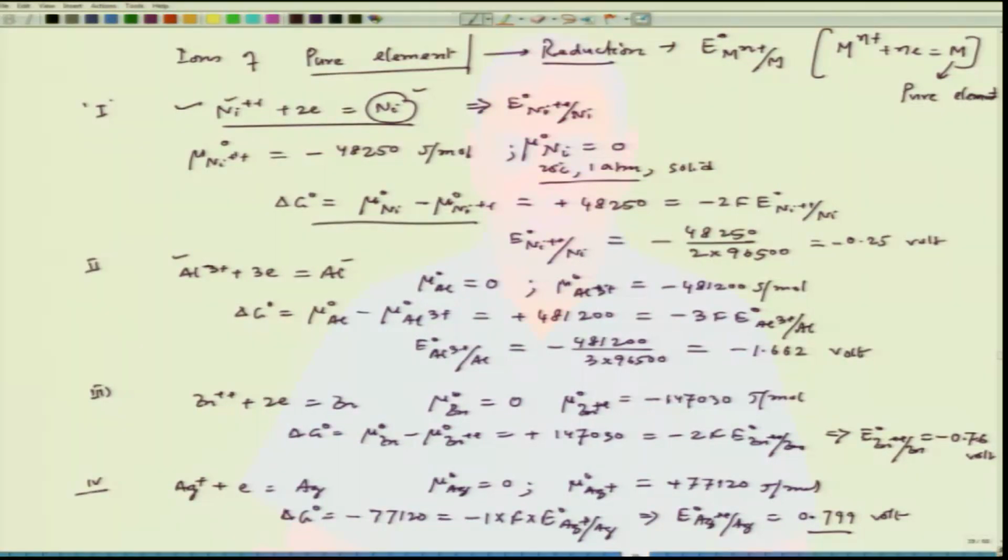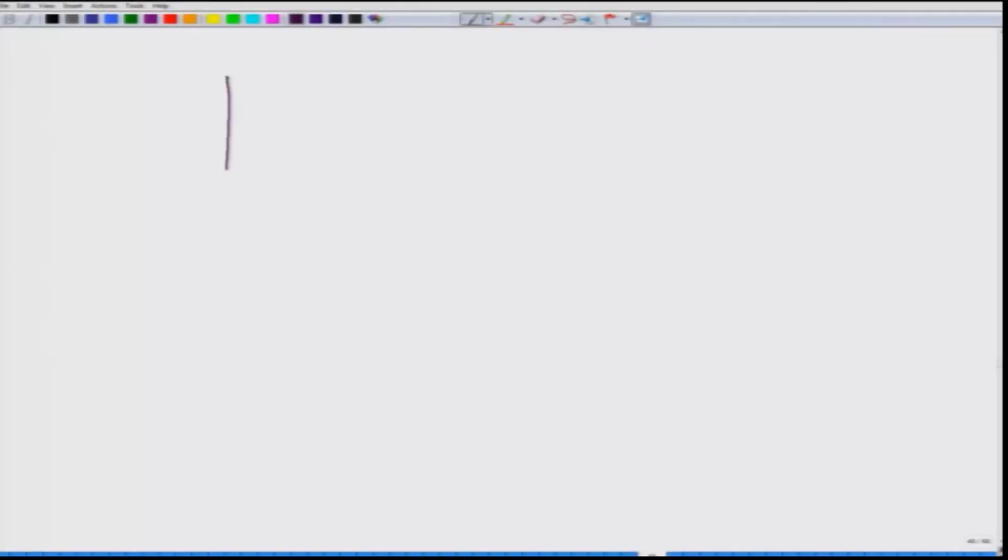These are all standard reduction potentials. Now, we can also place them with reference to the hydrogen electrode.